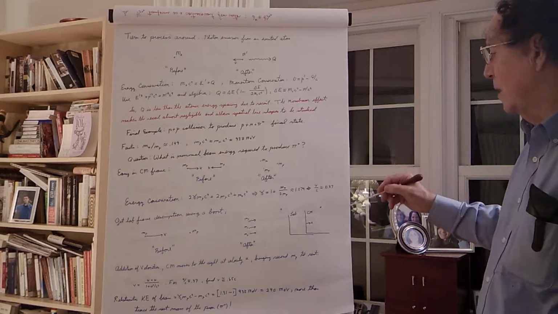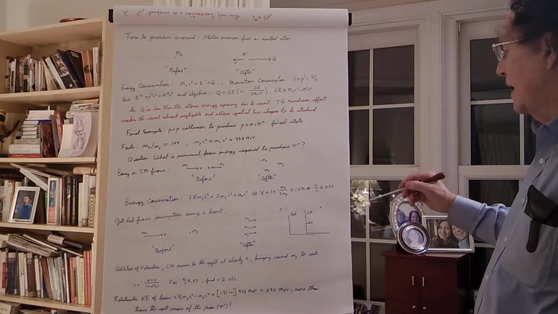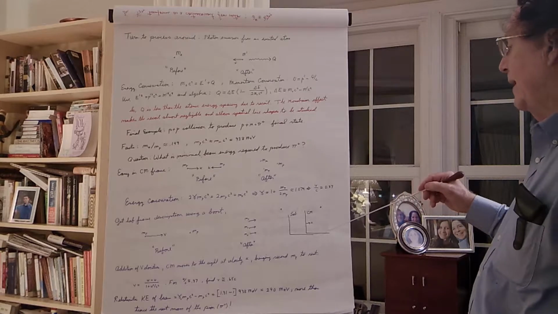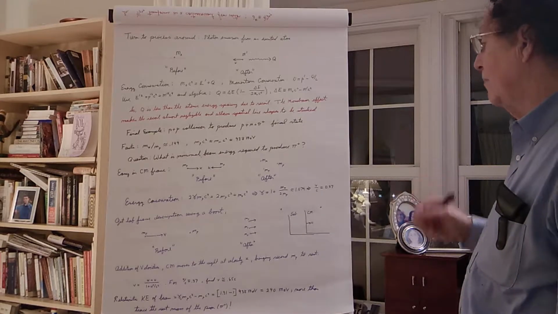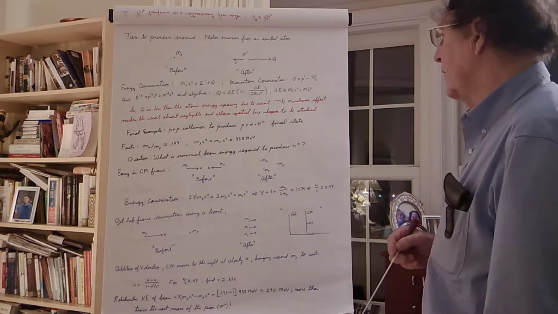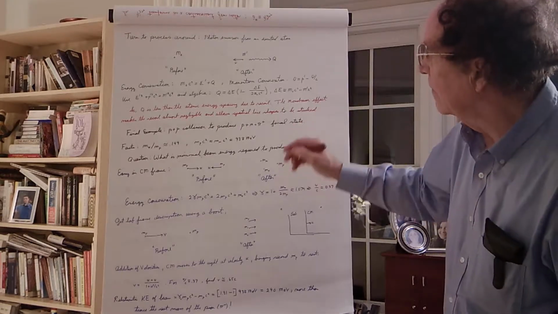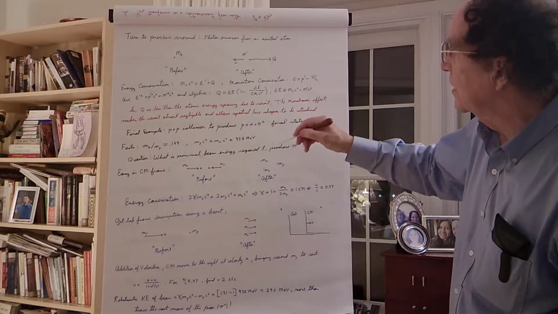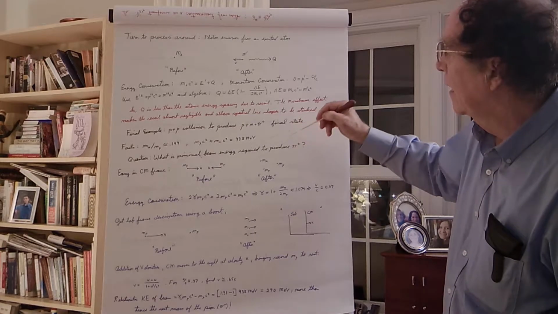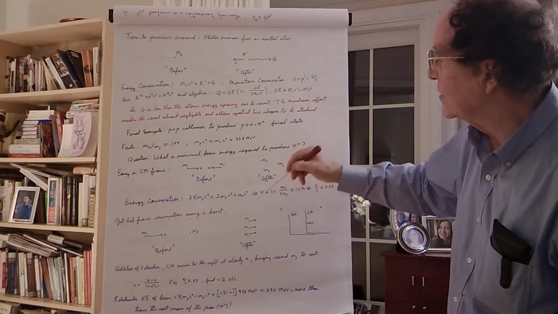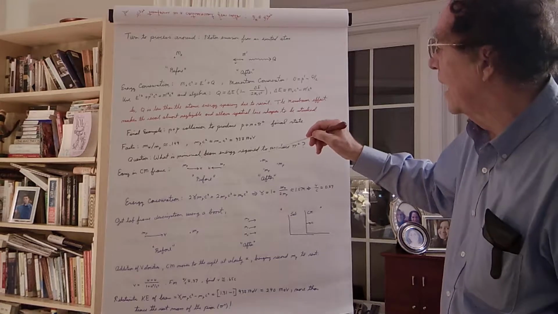The lab frame is shown here, and here's the center of mass frame. They're related by a boost through the velocity u, because I make a boost such that this particle in the lab frame goes to rest. So it's a boost through the velocity u.